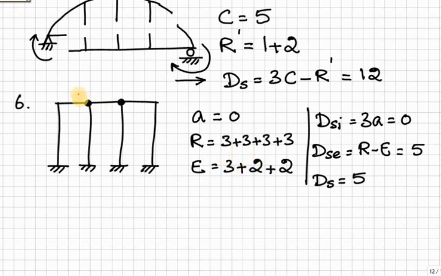That is M minus 1 is the equation. M is 3 here. Therefore 3 minus 1 is 2. Similarly for this hinge also 2 extra equations we have. Therefore totally E is equal to 7. Therefore applying method 1 we will get DSI is equal to 0, DS is equal to 5. Therefore total is 5.